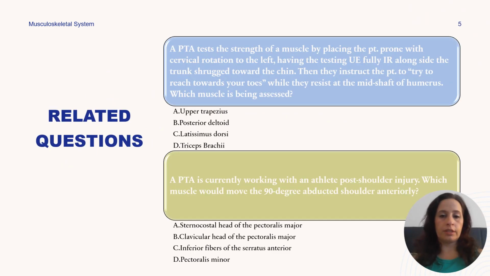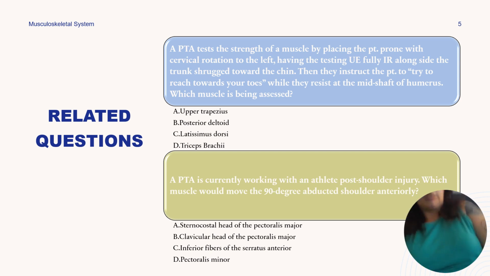All right, so let's look at some of the related questions. A PTA tests the strength of a muscle by placing the patient prone with cervical rotation to the left, having the testing upper extremity fully internally rotated along the side of the trunk and shrugged towards the chin.